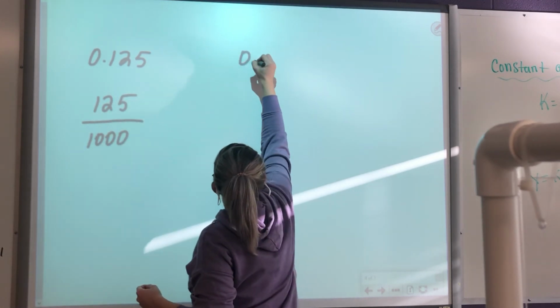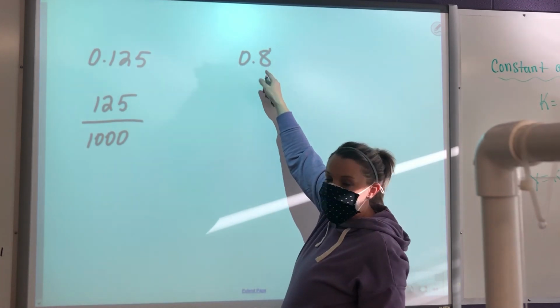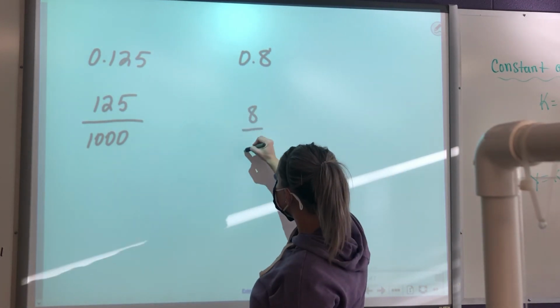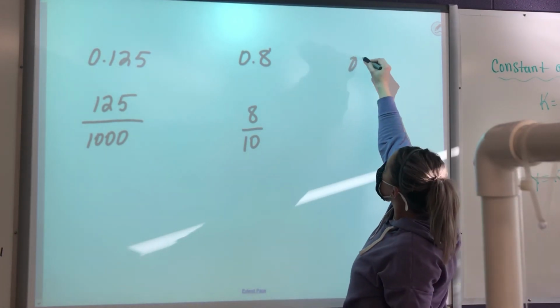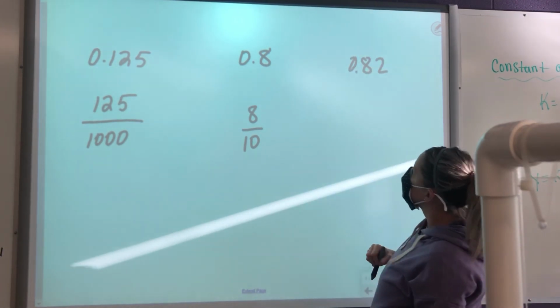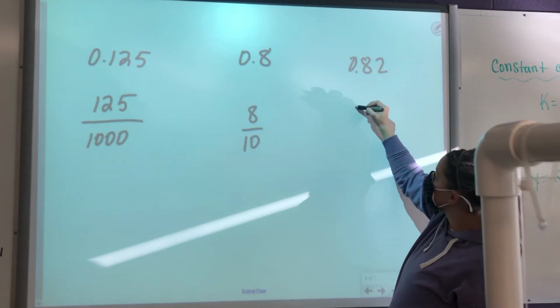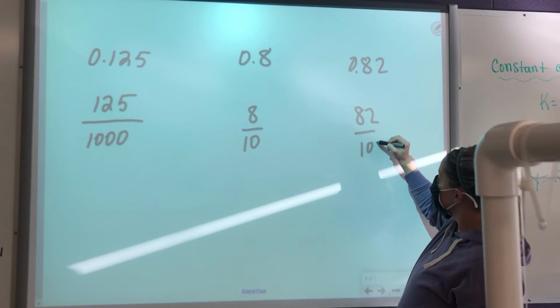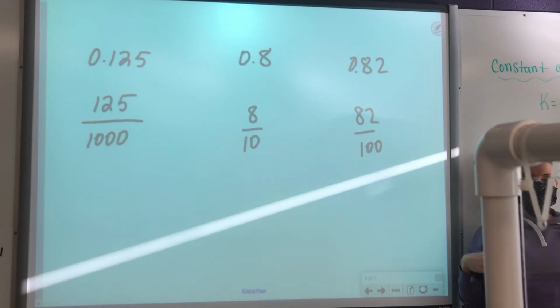If we have this, we only have a tenths, so we would put it over 10. We have this, okay, it goes tenths, hundredths, so we put it over 100. Okay, so it depends on how many decimal places we have, the number that we actually put it over.